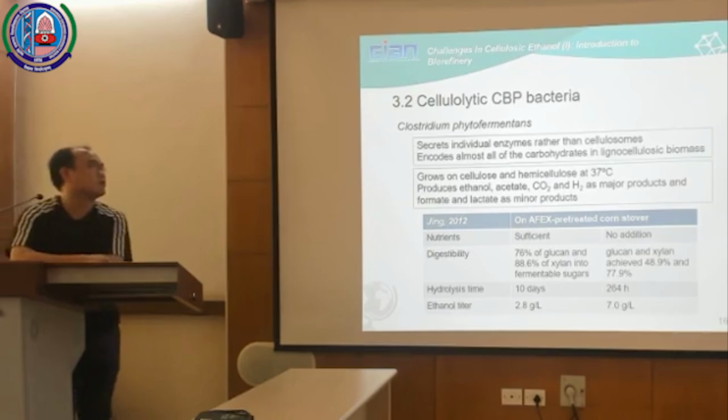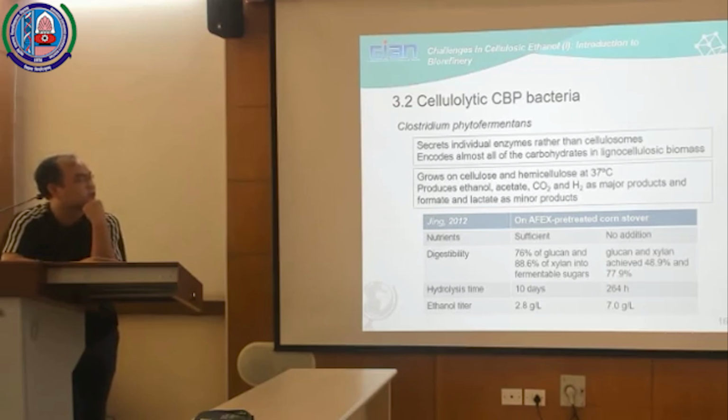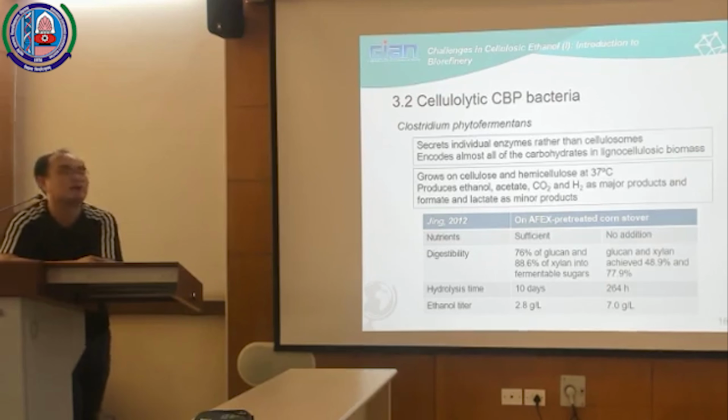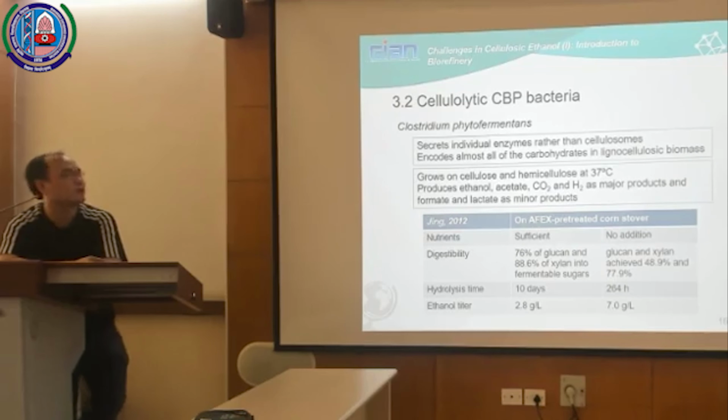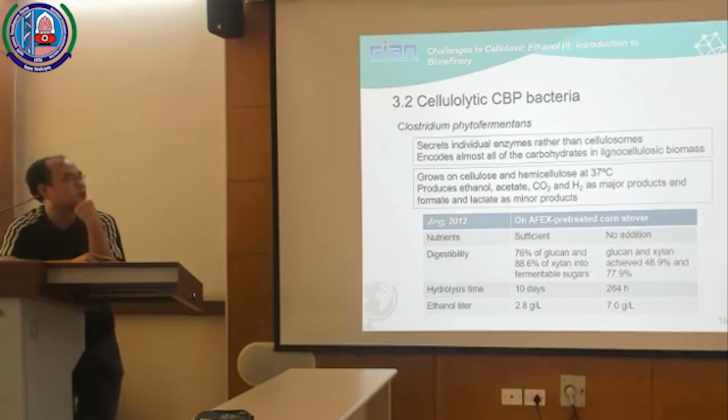The third Clostridium strain is phytofermentans. Phytofermentans does not produce a cellulosome. It secretes individual free enzymes like cellulase. It includes almost all of the cellulolytic hydrolysis for biomass conversion, not only the cellulase but also the hemicellulase.